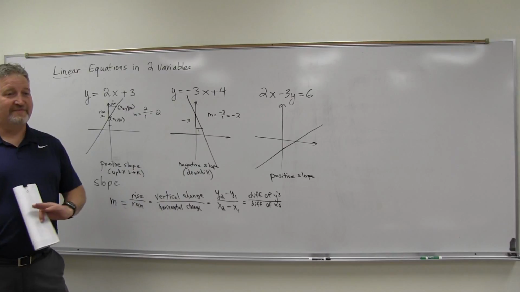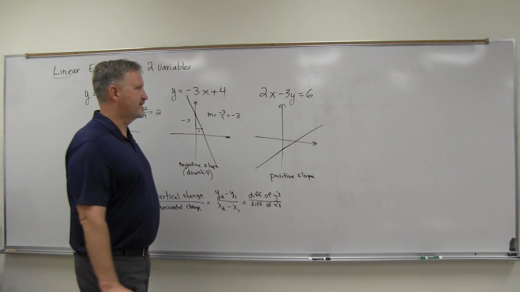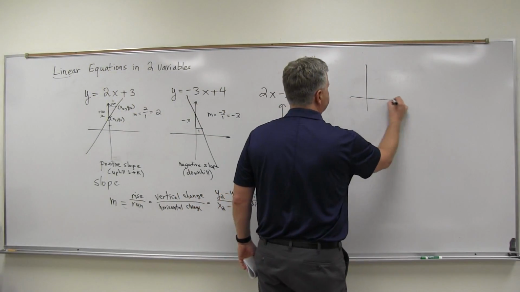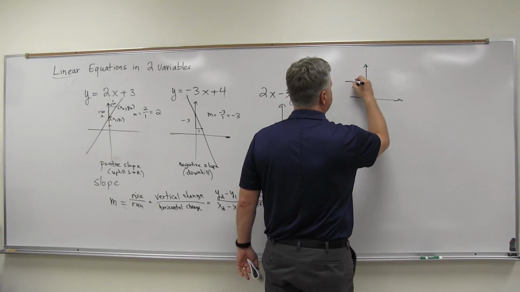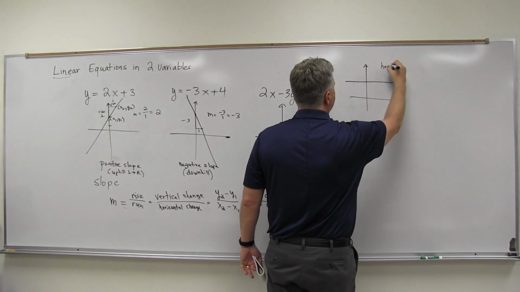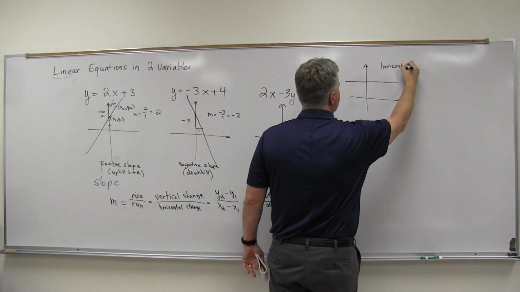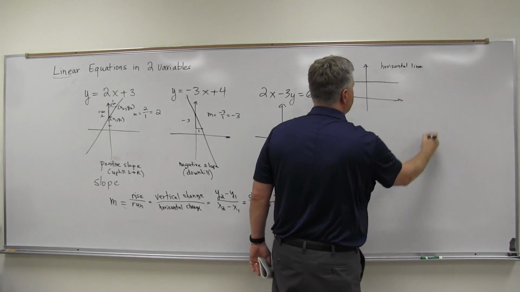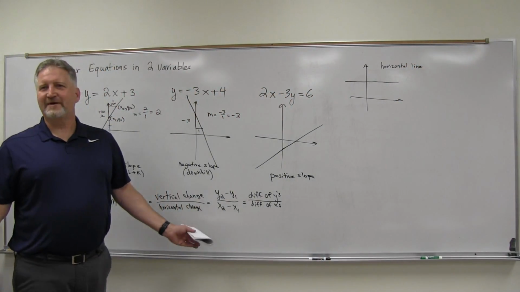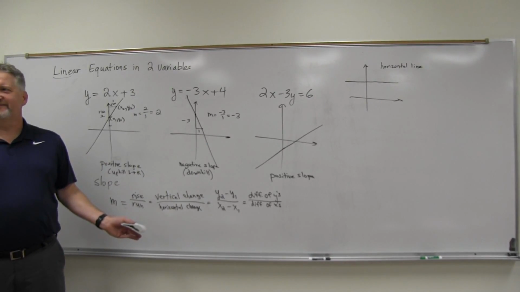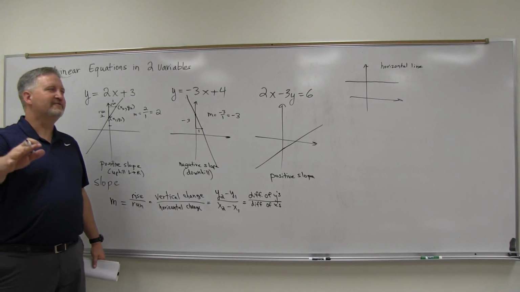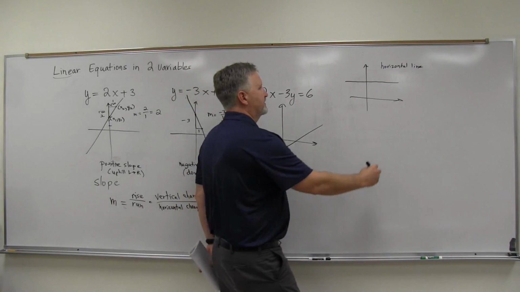Sometimes you don't have positive, nor do you have negative. For example, if you have a horizontal line, well, it's not going uphill, it's not going downhill either. Zero slope.